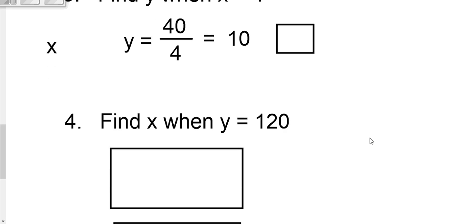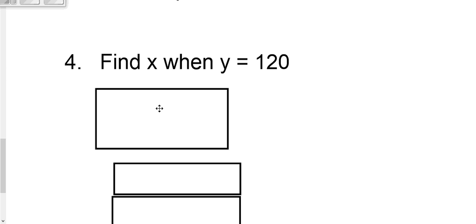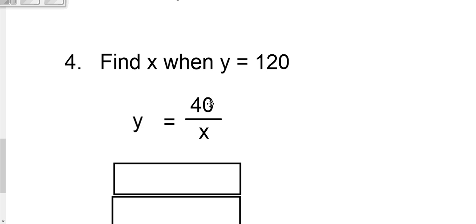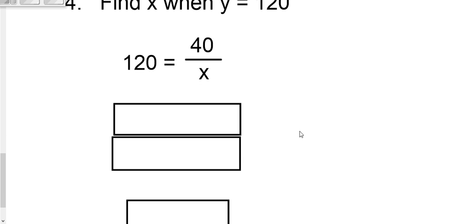And then the last problem, find x when y equals 120. So we still start the same way with that equation we wrote in step 2. We know that y will equal 40 divided by x. Then we're going to go ahead and substitute the y number in for y. So we're going to replace this y right here with 120 and solve for x.